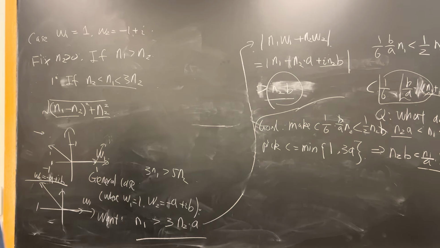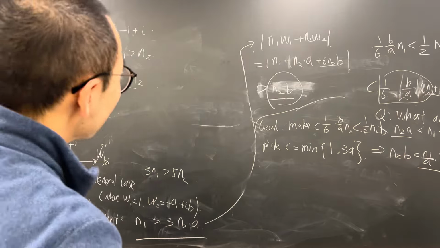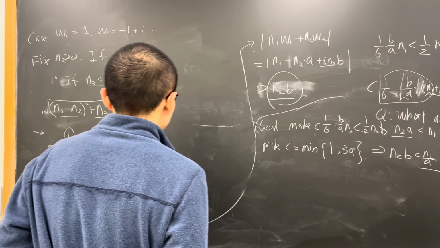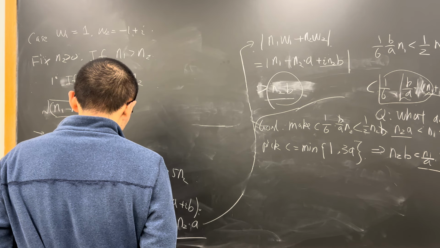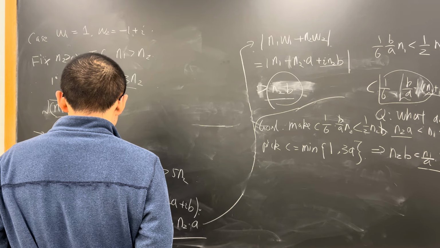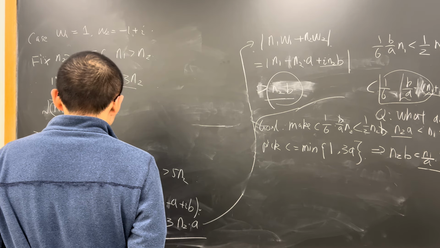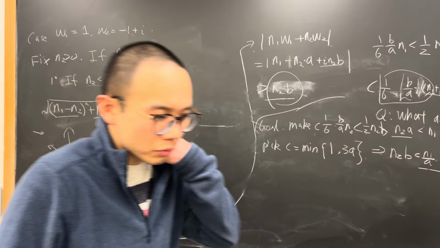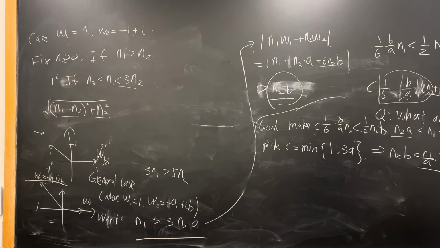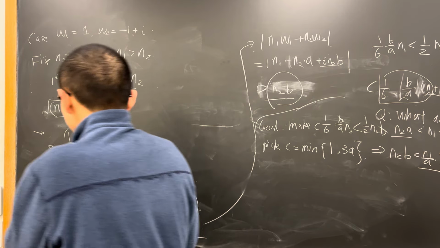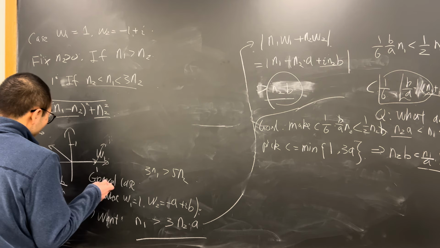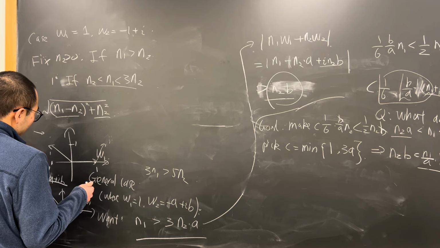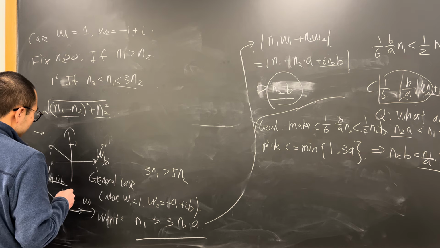Now let's think. Let's go back to our original case. Say you have any W1, W2, right? So without any restriction, without loss of generality, after a rotation, we can always make this W1 lie along the x-axis, right?